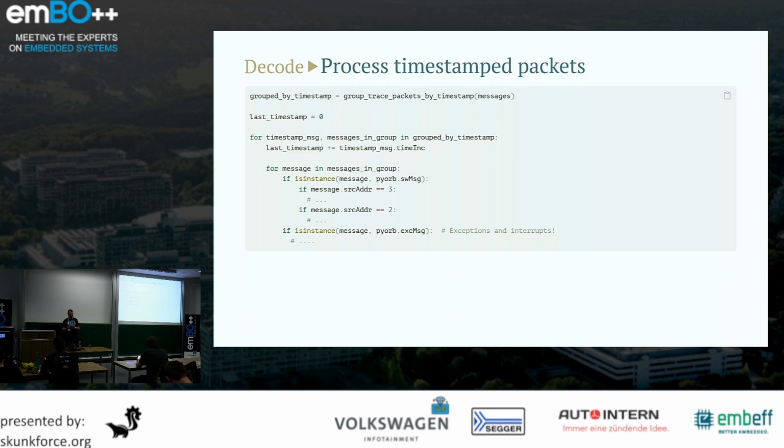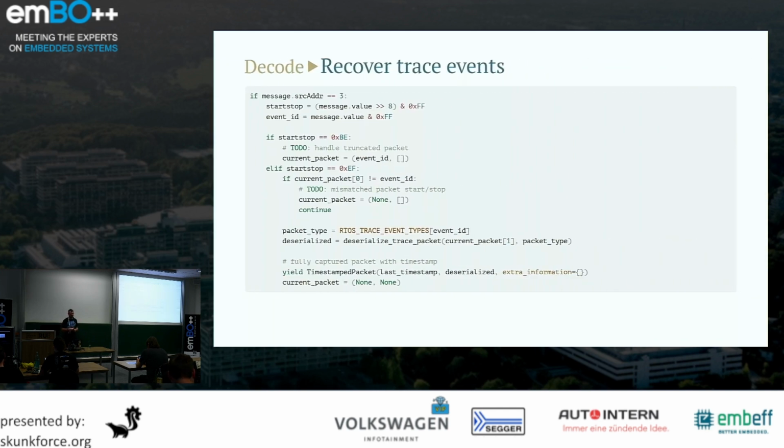We don't need to decode it in any form because it's already ready to be processed, and we can just output the trace event like exception entered and the number of the exception. And if it's the trace event that we implemented, we need to build a simple state machine to recover all the data. Here the simple form of the wire format makes it very easy, because we just detect if it's the start packet or stop packet, and collect data in the middle.